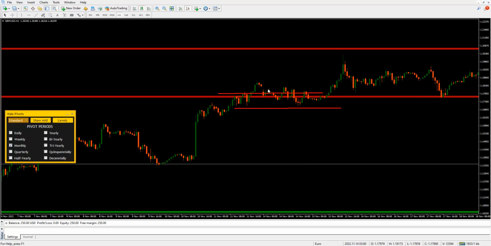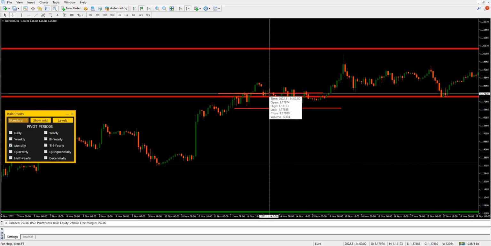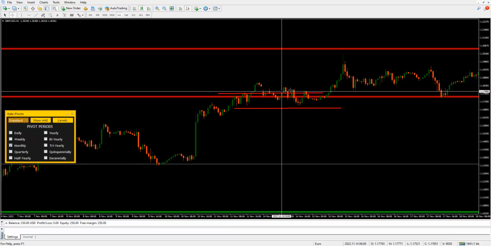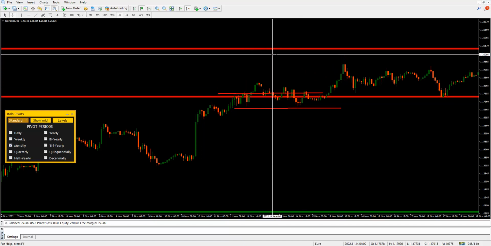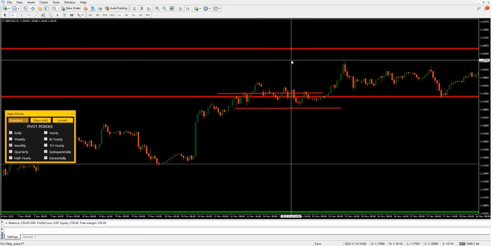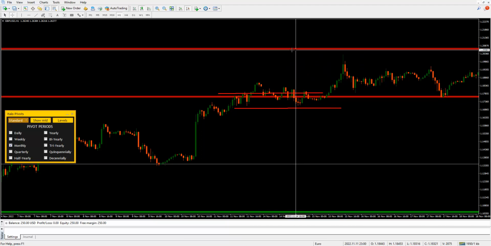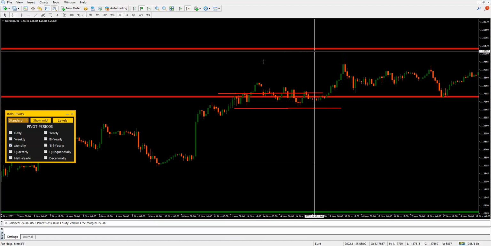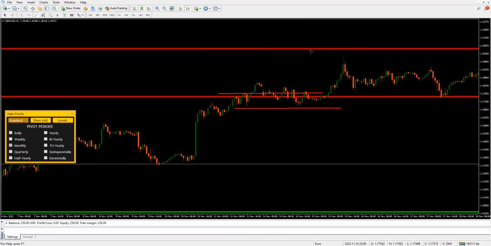The second way to put a take profit on the trend following trade, on the breakout trade, is to put the take profit on the next pivot. Here I have the next pivot, resistance line. I could put my take profit right here.